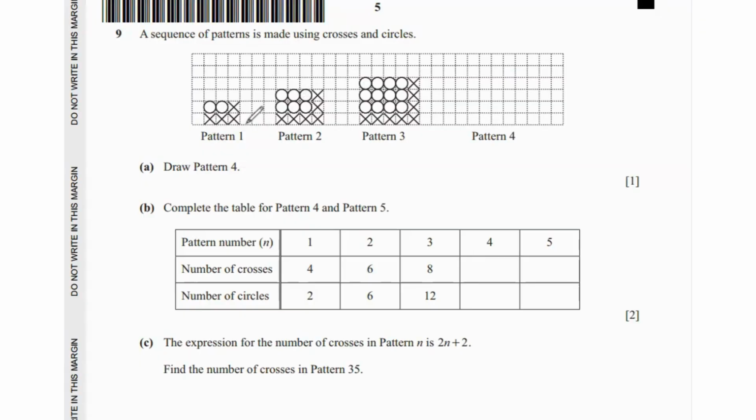And for the crosses, we're just adding the cross based on the new column or row added. So over here now we have pattern 3 has 3 rows and 4 columns. So pattern 4 will have 4 rows and 5 columns for the circles.